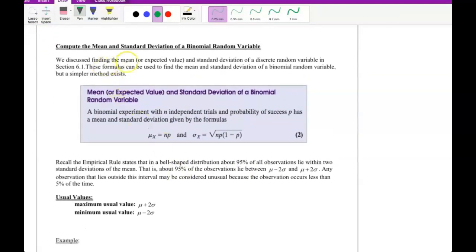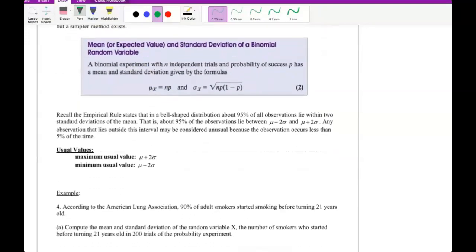Now let's find the mean and standard deviation of a binomial random variable. So here is the mean, and here we have n, the number of trials, and p is the probability of success. On this part, standard deviation is the square root of n times probability of success times 1 minus p.